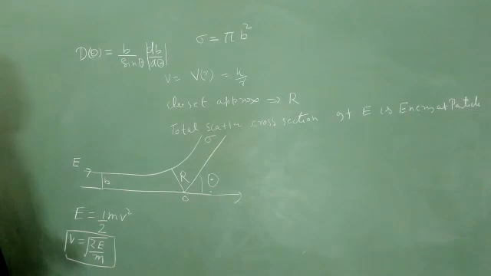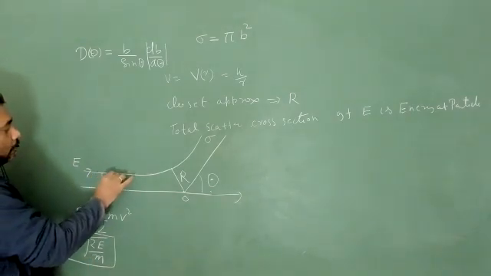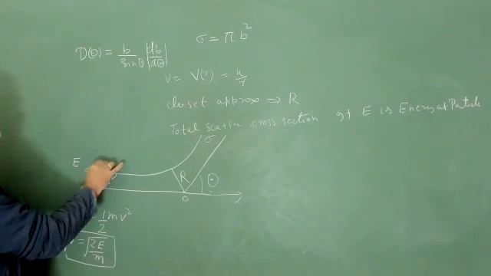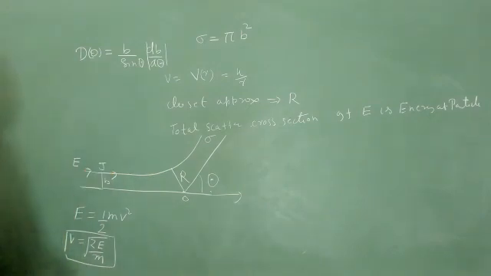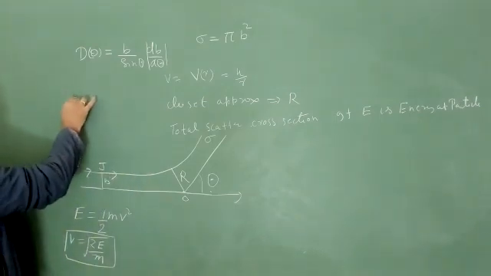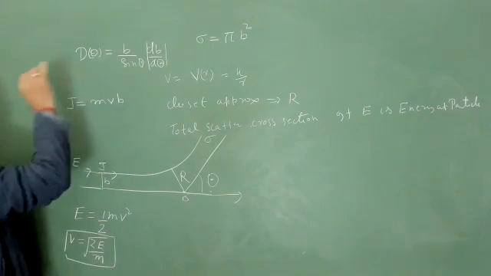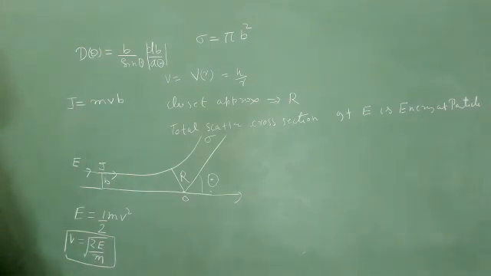Now, what will be the initial angular momentum of the system? Let's say this is J. Can I write the initial angular momentum of the system is equal to mvb? Yes, sir.